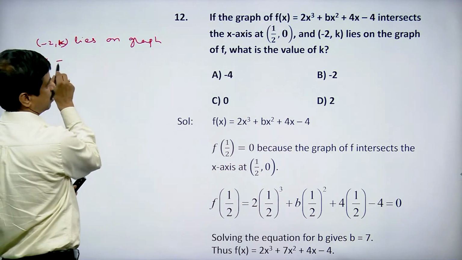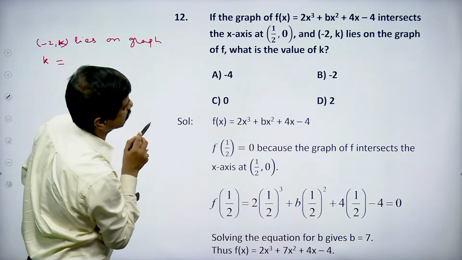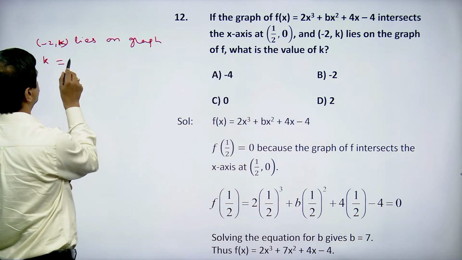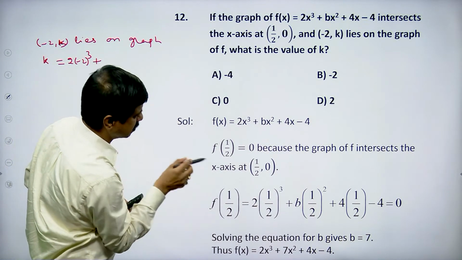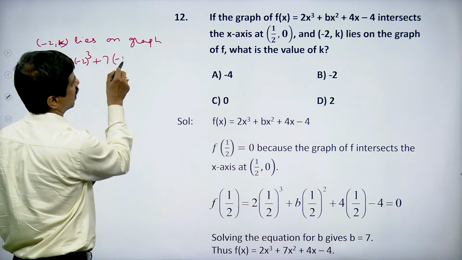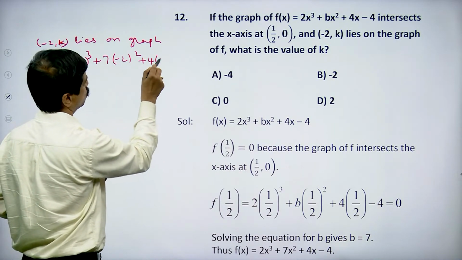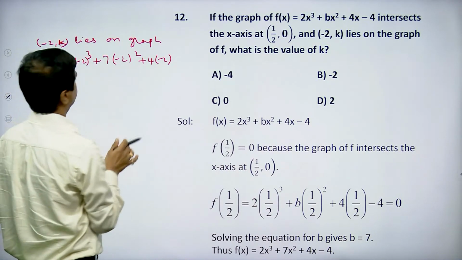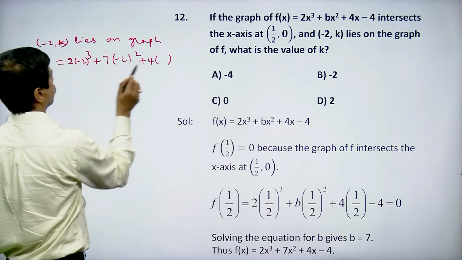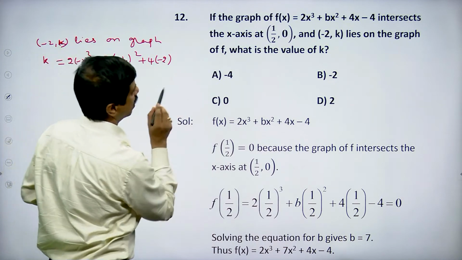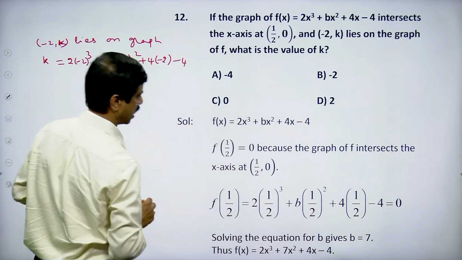So k equal to, x is minus 2, so 2 into minus 2 whole cube plus b, which we got as 7, into minus 2 whole square plus 4 into minus 2 minus 4, right, children?